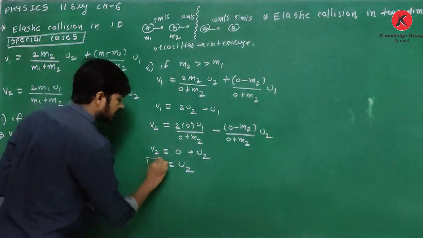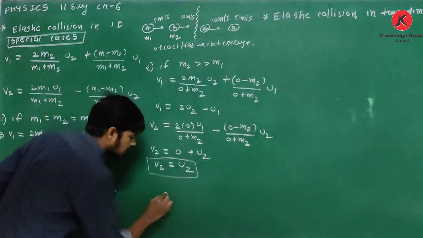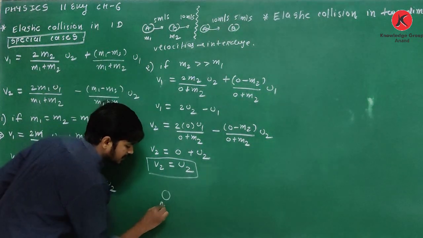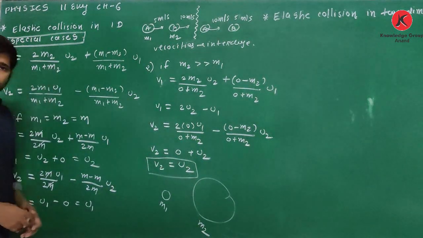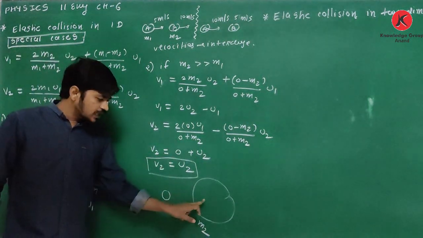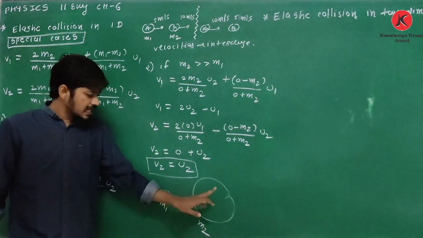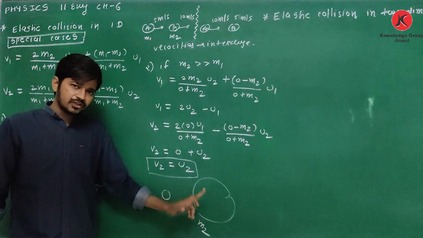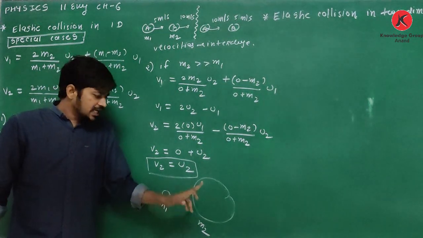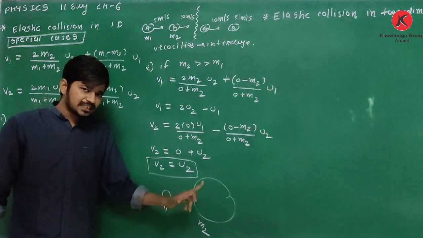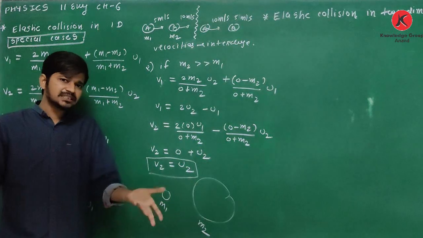So what is the meaning of this? If object 1 having mass M1 and another object having mass M2 collide, where this one is a light object and this one is a heavy object, then the speed of the heavy object before and after collision remains almost the same.